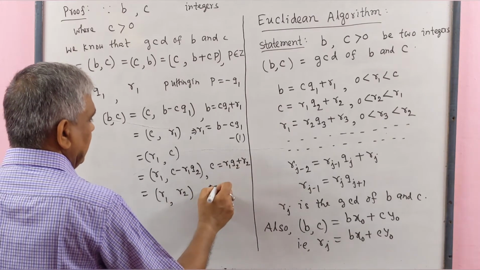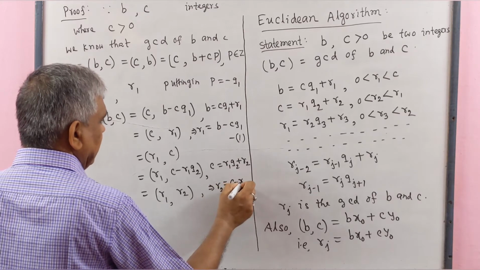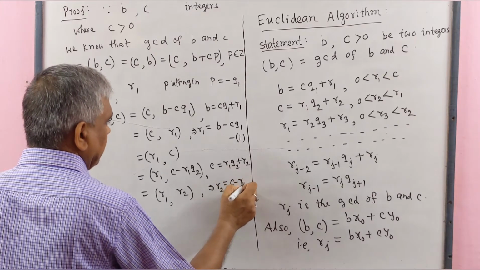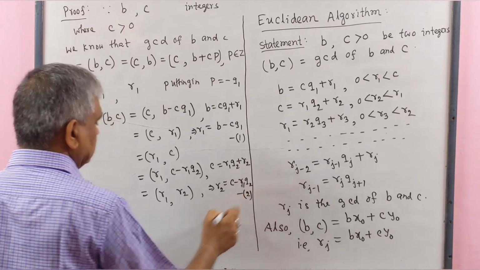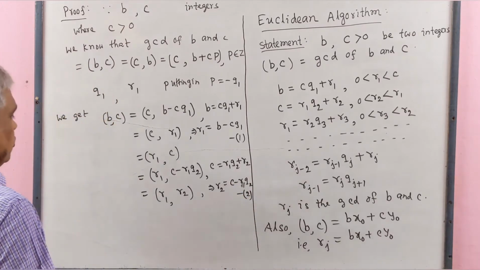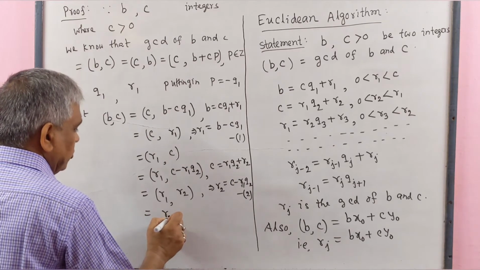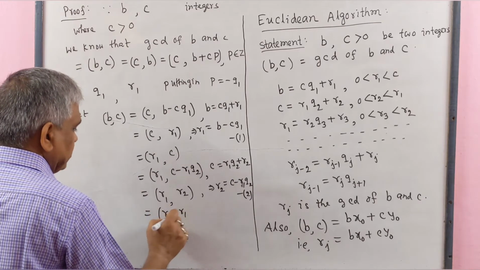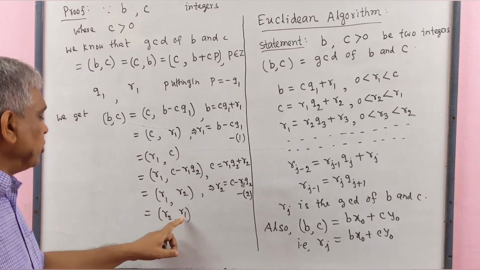Implies that R2 equals C minus R1 Q2. This is number 2. We may write this as GCD of R1 and R2 equals GCD of R2 and R1.